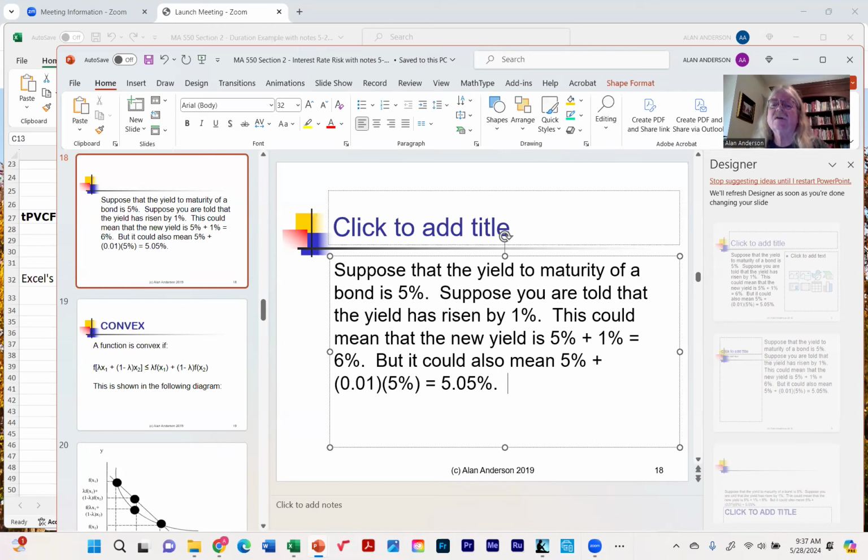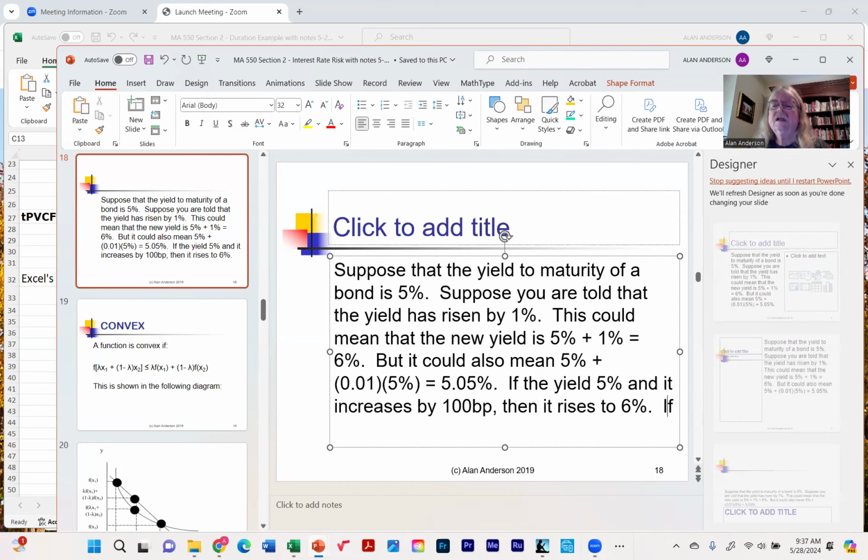If you use basis points, though, if the yield is 5% and it increases by 100 basis points, then there's no question in your mind that it goes to 6%. If it rises by 5 basis points, then it rises to 5.05%.